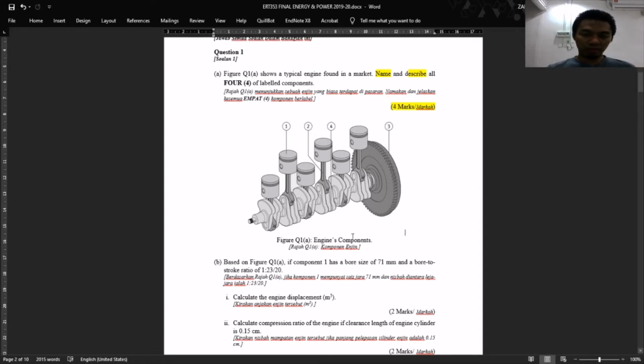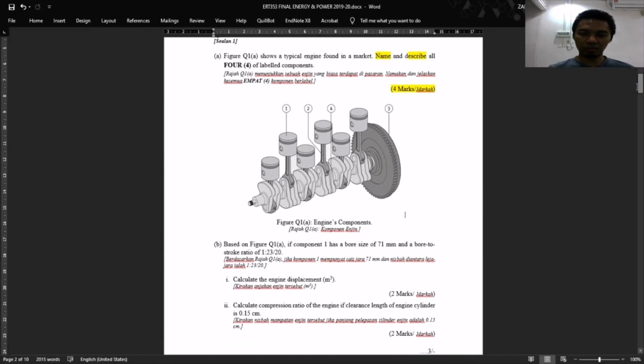Okay, continue with question 1B. Question 1B is related to question 1A. Based on figure 1A, component 1, which is the piston, has a bore size of 71 millimeter and a bore to stroke ratio of 1 to 23/20.